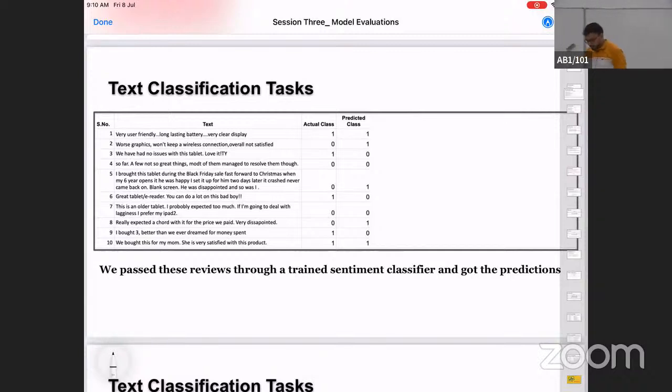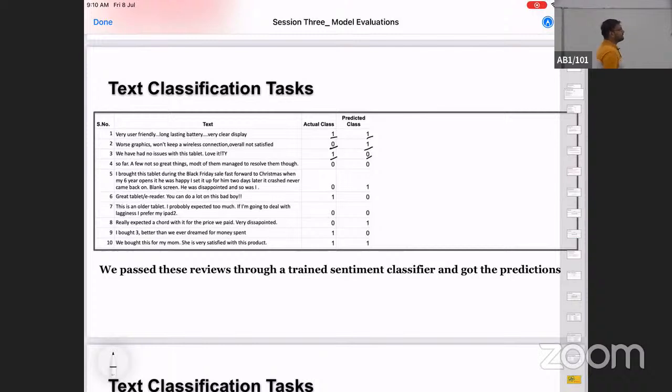For the first example, its actual class was 1 and the predicted class is also 1. For the second example, the actual class is 0, which means it is a bad product, and the predicted class is 1. For the third one, the actual class is 1 and the predicted class is 0, and so forth for each of the 10 examples.